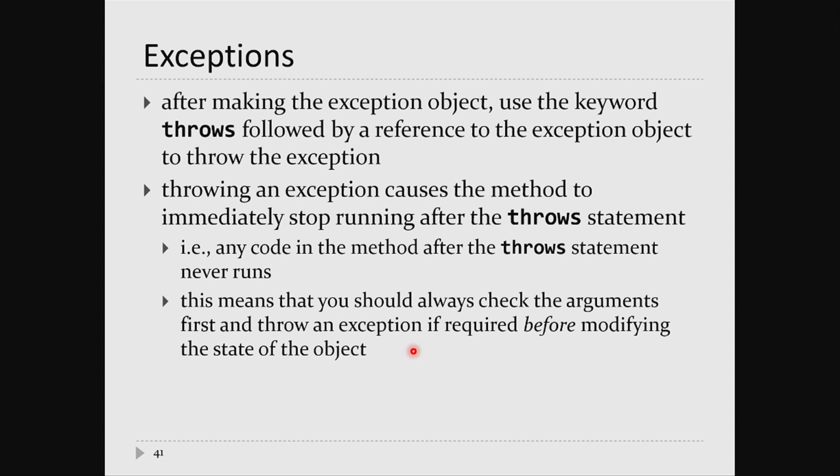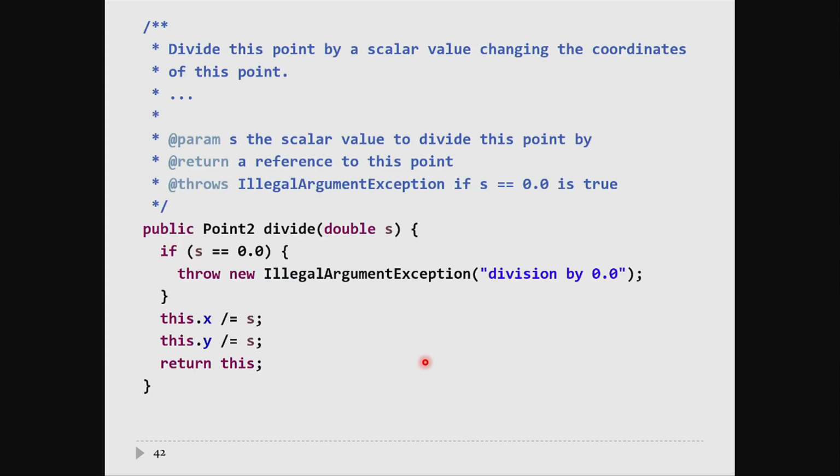In a constructor, you should not set the fields of the object and then throw an exception. Because what ends up happening is that the caller can get back that object if they really try, and then they end up with an invalid object, which you're not supposed to let happen. So you should check your arguments first and then throw an exception before doing anything to the state of the object.